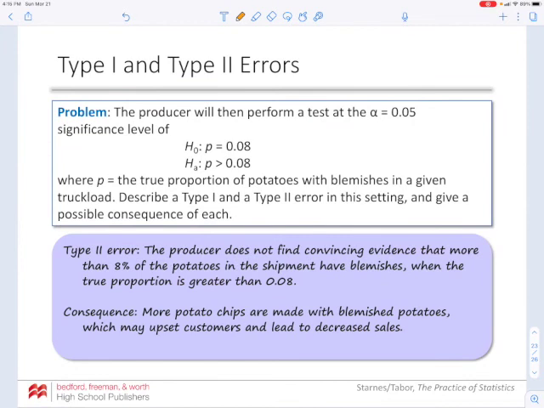A type 2 error is when we fail to reject the null hypothesis, when we did not find convincing evidence, but we should have. So the producer does not find evidence that more than 8% of the potatoes in the shipment have blemishes, but in reality, it is greater than 8%. So we're making potato chips with potatoes that have blemishes on them, which could cause customers to stop buying the chips.